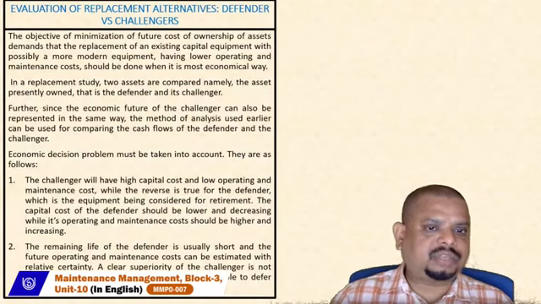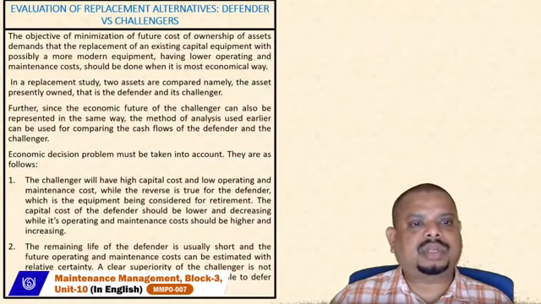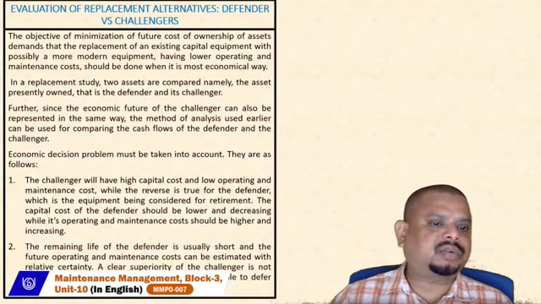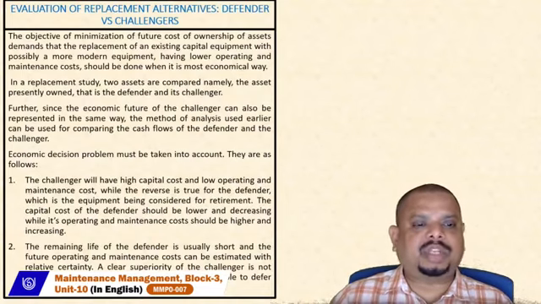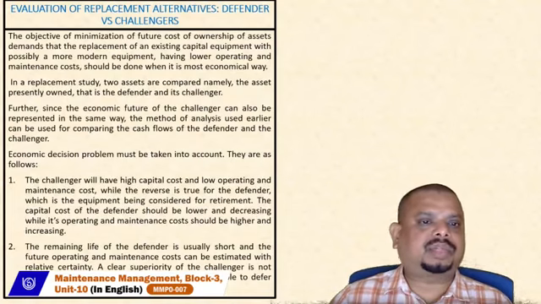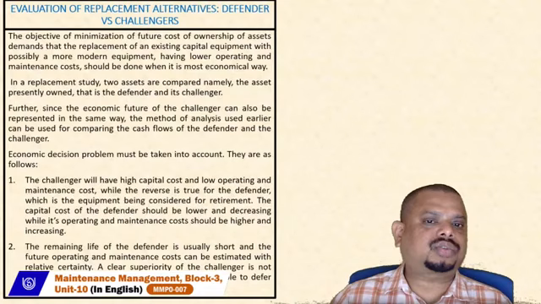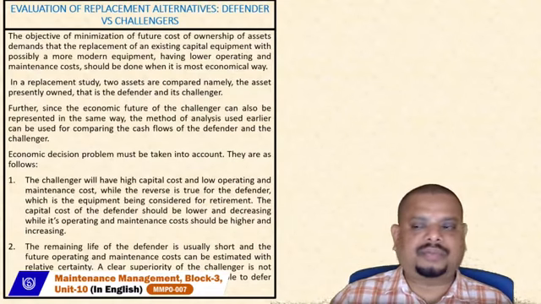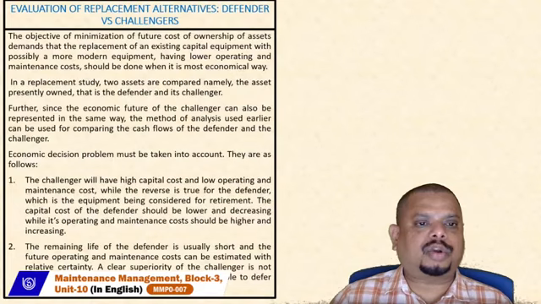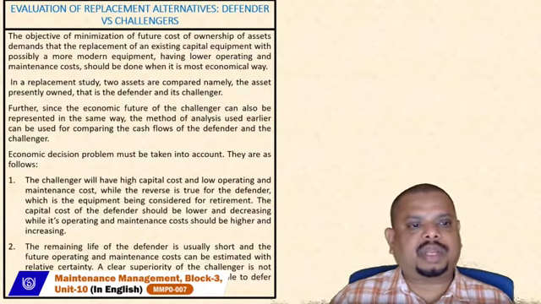challengers. So in this particular segment, we are going to discuss what the challengers and the defending factors are which are considered in the case of replacement alternatives. The first important objective is known as the future cost of ownership of different assets, which basically demands replacement of existing capital equipment with possibly more modern equipment having lower operating and maintenance cost.